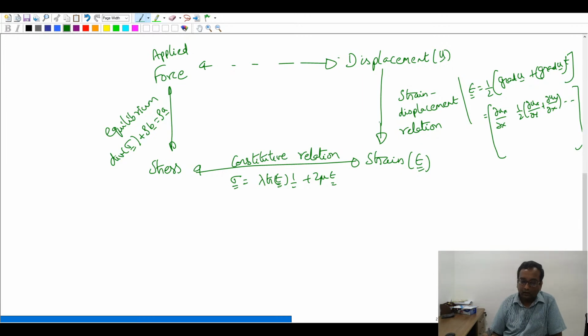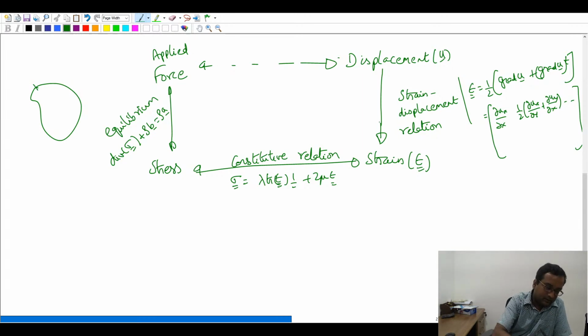Okay, so now solving, given a body, applied some force field at some boundary and restraining its displacement at some other points, we want to find what are the displacements at the boundary.